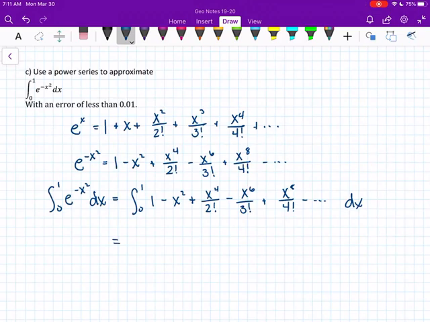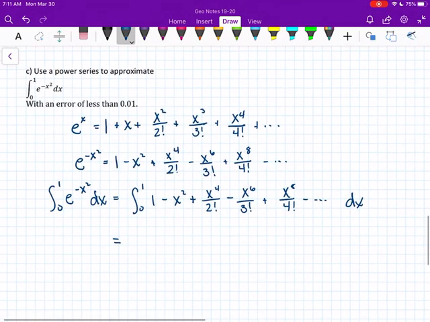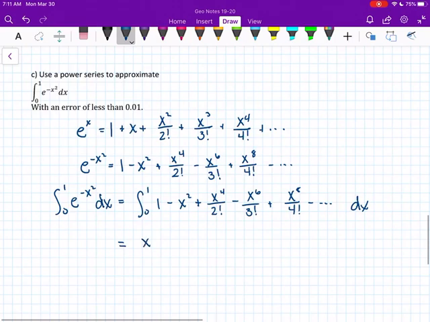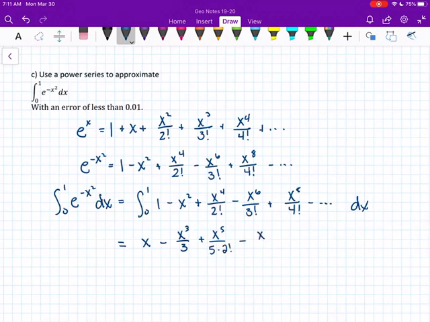So if I integrate term by term, I get x minus x cubed divided by 3 plus x to the 5th divided by 5 times 2 factorial minus x to the 7th divided by 7 times 3 factorial plus x to the 9th divided by 9 times 4 factorial. And I want to evaluate those from 0 to 1.